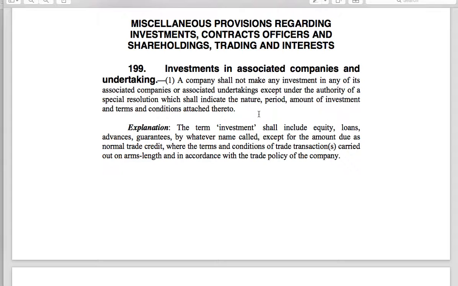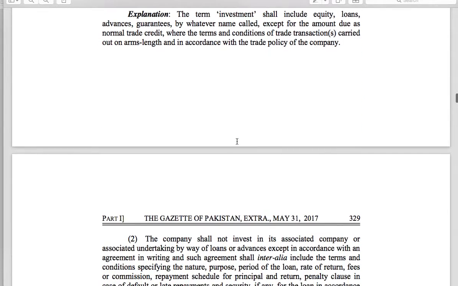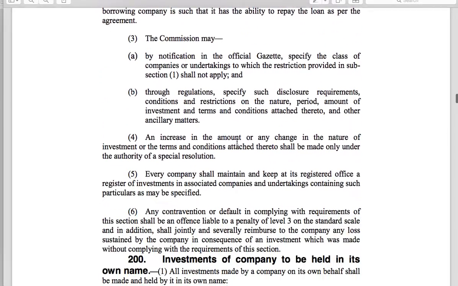Those become associated companies of this business in which they are directors or chief executives. So these are the rules so that nobody gains illegally from this company.